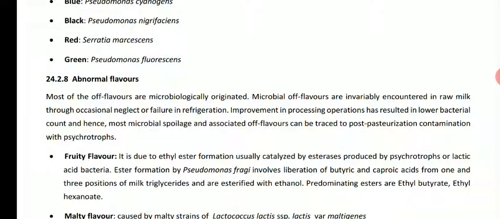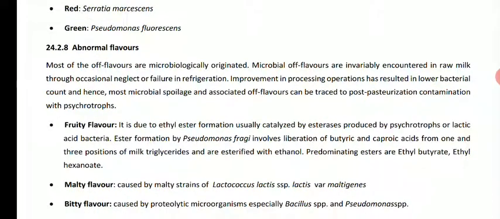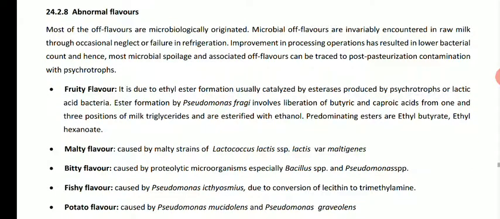Then abnormal flavors. Most of the time we get off flavors or abnormal flavors in milk and milk products, and these are considered faulty or spoiled fermentations. They are known as fruity flavor, malty flavor, bitty flavor, fishy flavor and potato flavor.